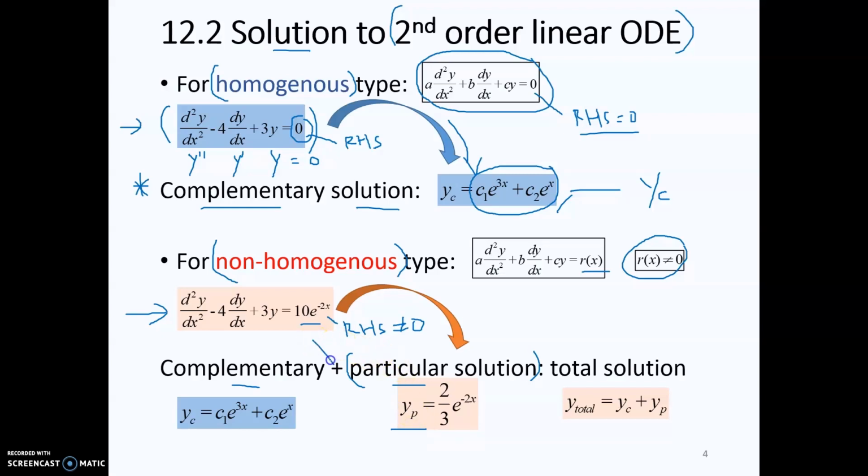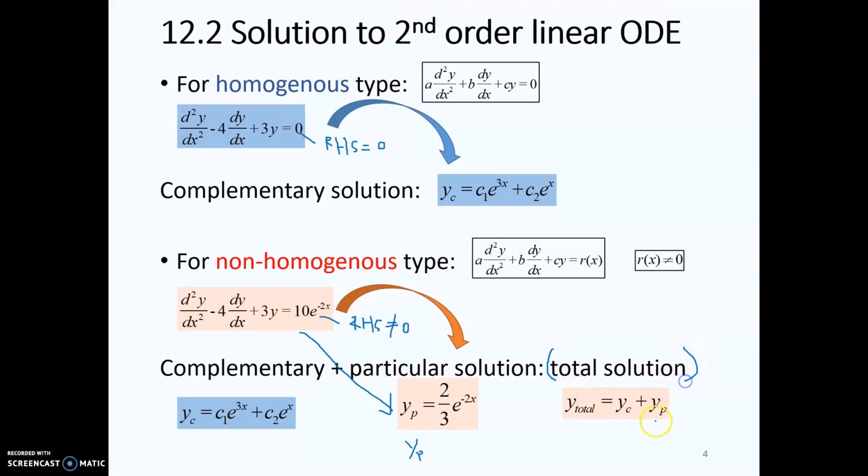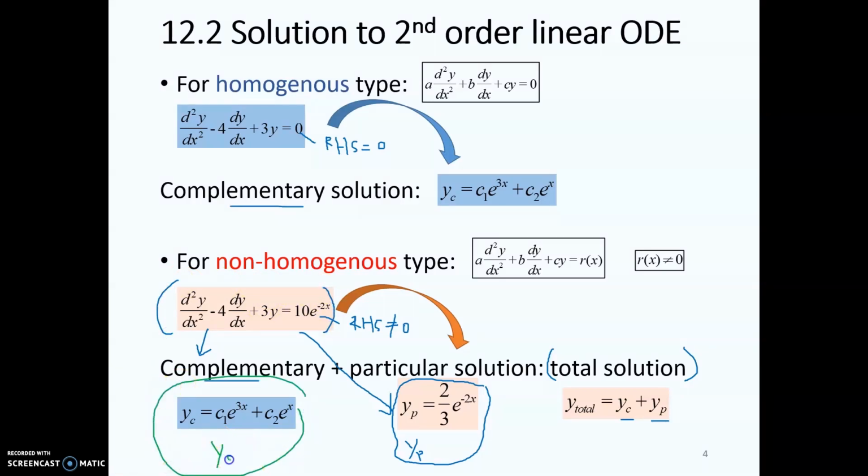So assume that from here you can obtain your particular solution, but the total solution will be equal to the complementary solution plus the particular solution. So if you just provide the solution here, this is incomplete. You need to continue to find the complementary solution from this equation, which is the YC in this case.